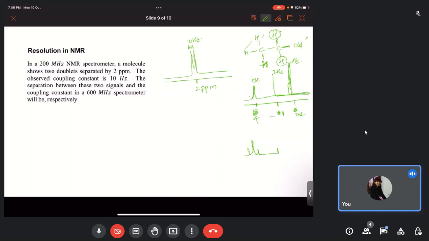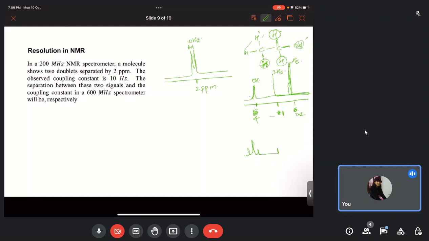I think sir has covered in class how the intensity is going to be, so you can go over that. It splits depending on the number of neighboring spins, so this will split into 5 peaks, which is a quintet.